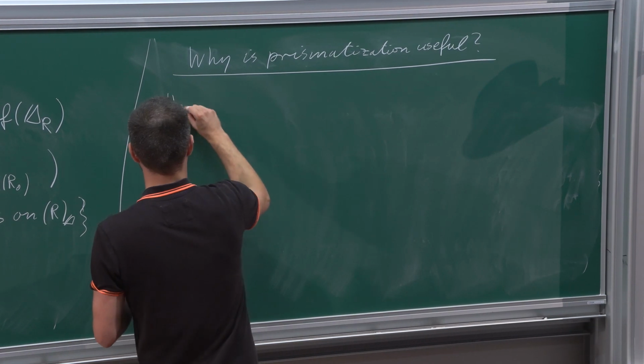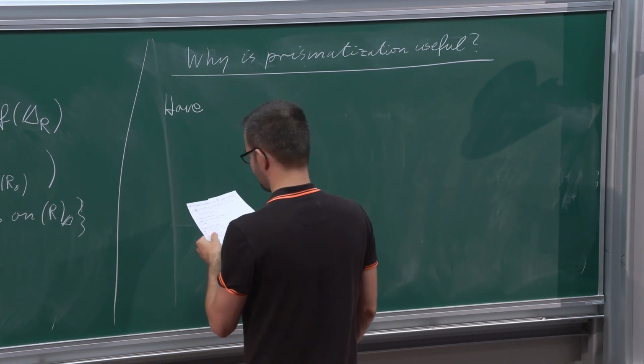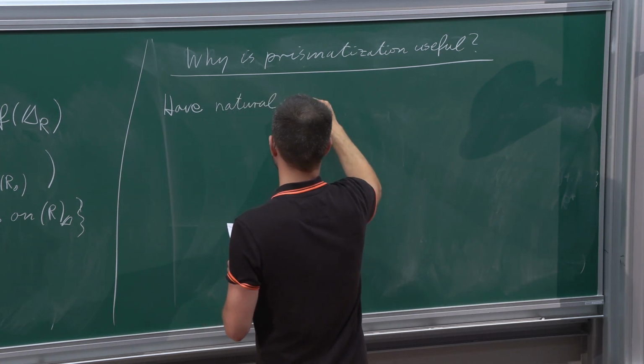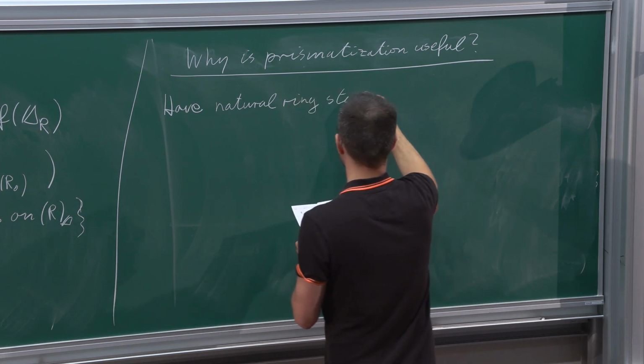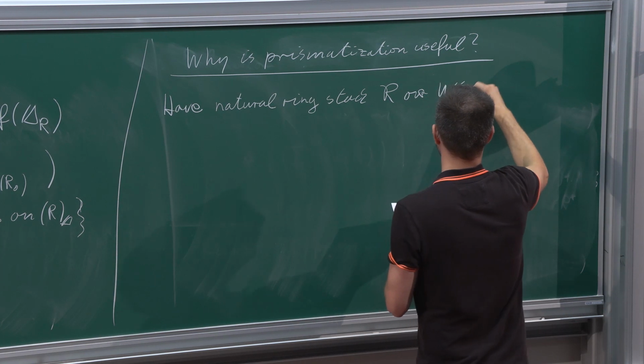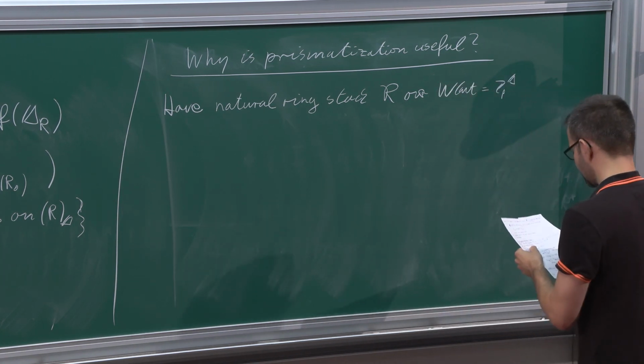And this mostly follows from the following, namely, there exists a natural ring stack over W_Cart, meaning the prismatization of Z_p.